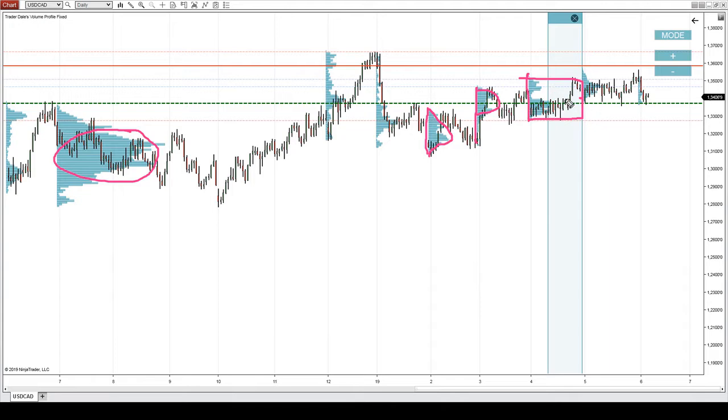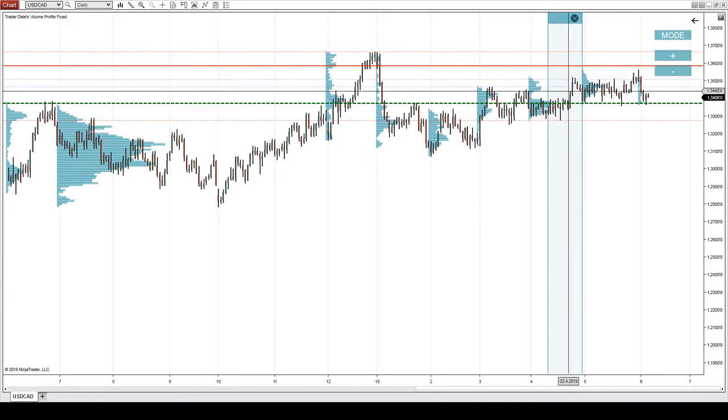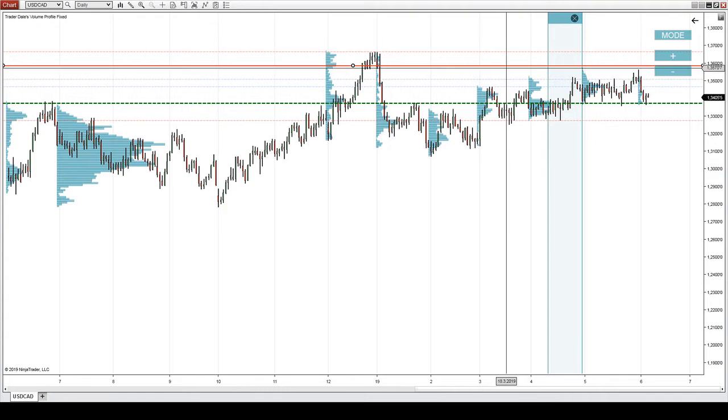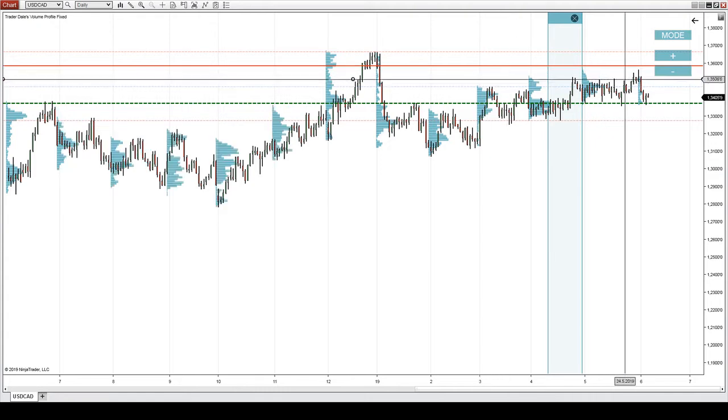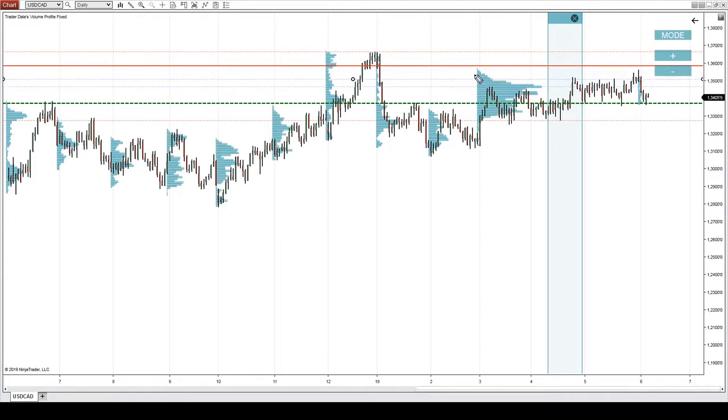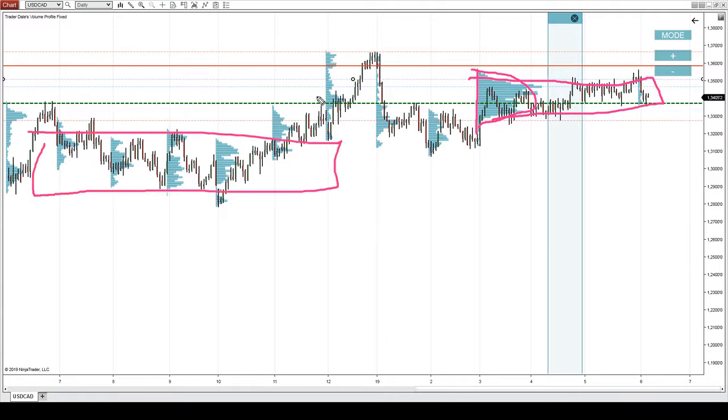And in this case, I would say that this is a part of one big rotation in here. So there's now a new balance in the market, and the new balance looks like this. D-shaped profile, rotation, and the balance. So we had a balance in here, now we have a balance in here.